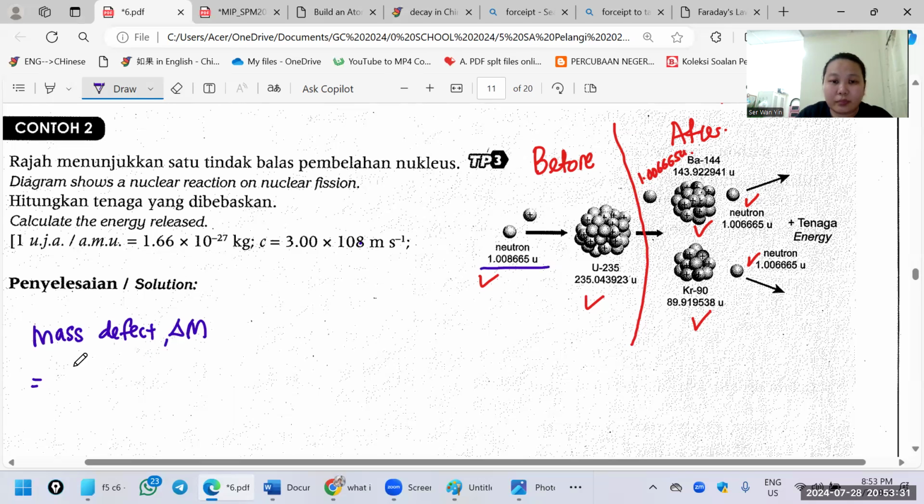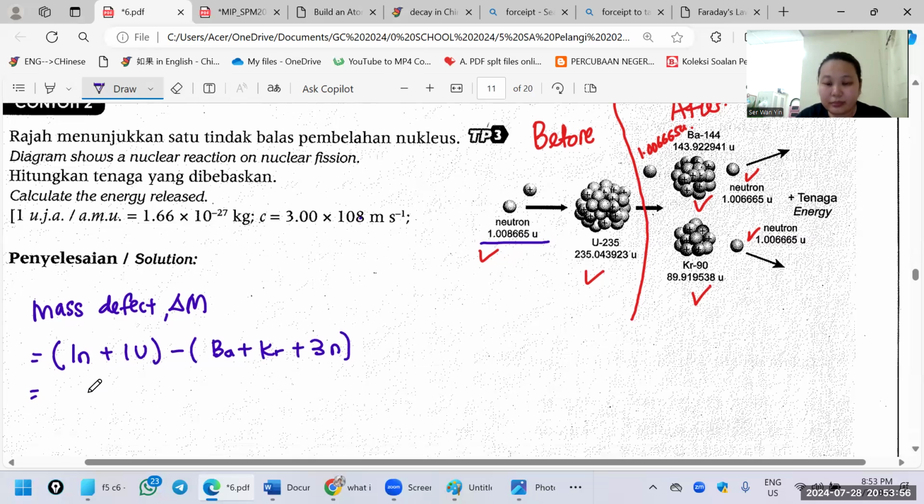If you don't want to write it directly, counting also can. So actually it's 1 neutron plus 1 uranium minus 1 barium plus 1 krypton plus 3 neutrons. Now we count 3. Your answer counts 2 only. Now we count 3 neutrons.